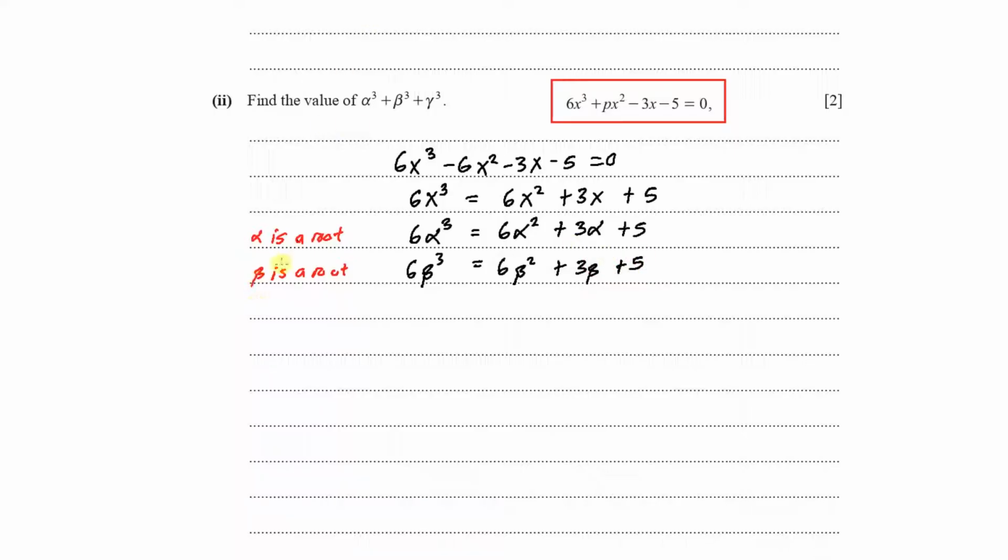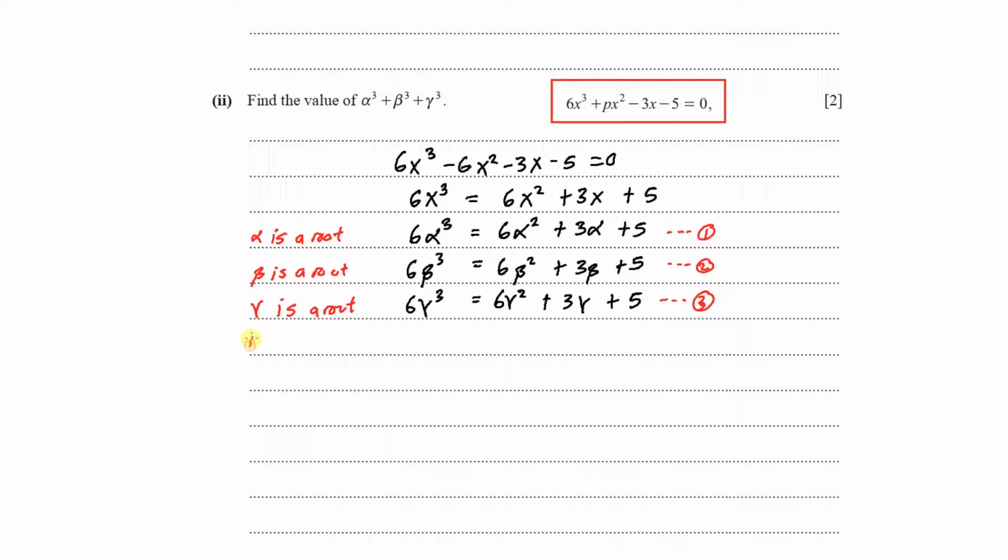And lastly, we know that gamma is also a root of this, so 6 gamma cubed is equal to 6 gamma squared plus 3 gamma plus 5. So we now have 3 equations. That's 1, that's 2, and that's 3.